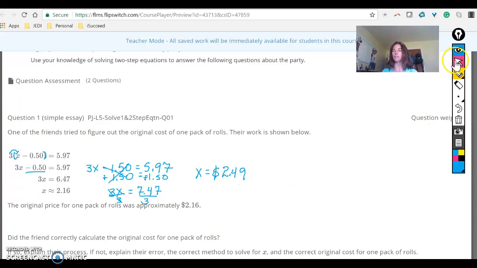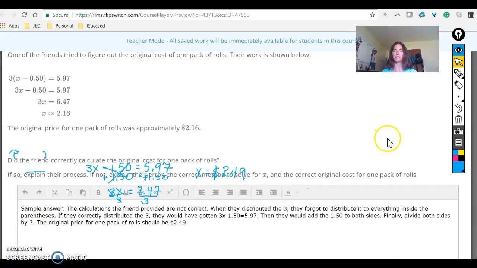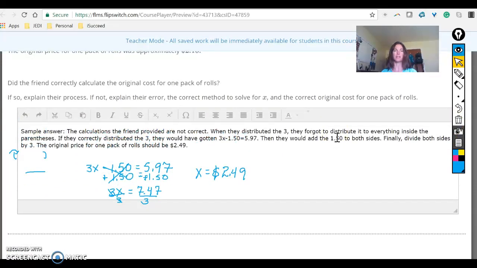So again, as we scroll down to put in the answer here, the friend forgot to distribute to everything inside of the parentheses, and had they done that correctly, they would have gotten $2.49 for 1 pack of rolls, okay? So you do need to explain what they did wrong and then give me the final price.